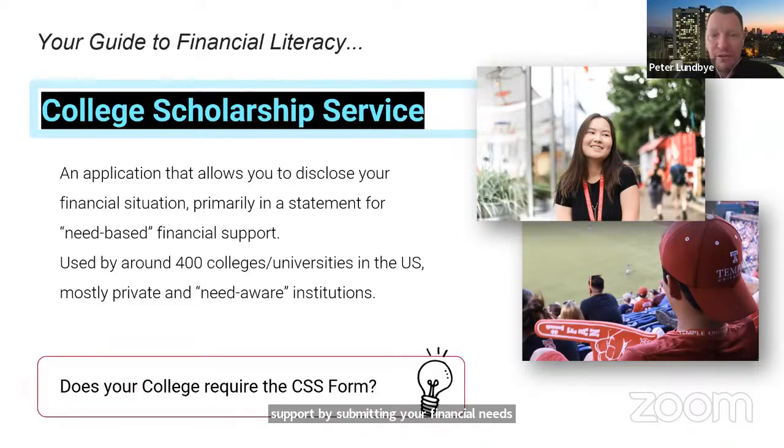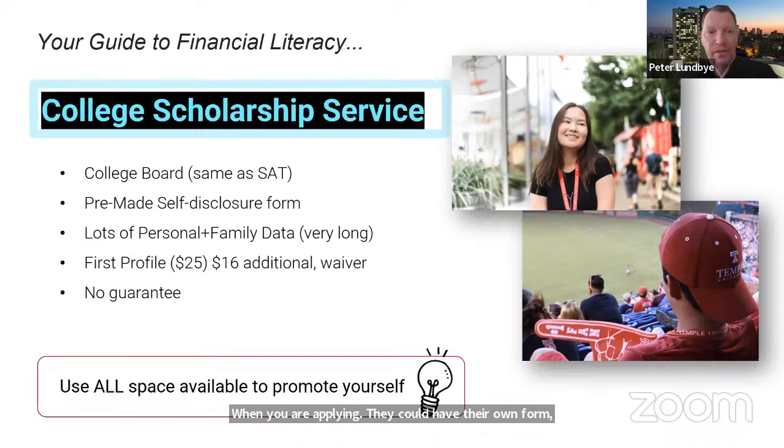Very often, that form could be a CSS profile. The important thing that you need to know is whether your college actually requires the CSS form when you are applying. They could have their own form, but they could also be requiring the CSS form.